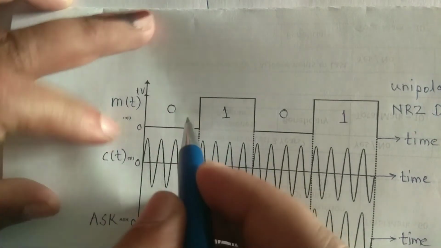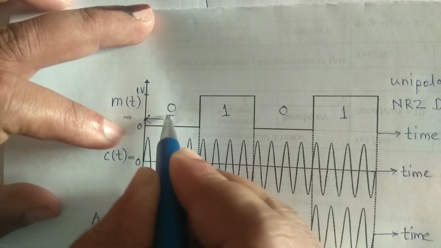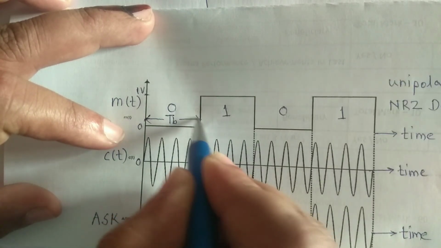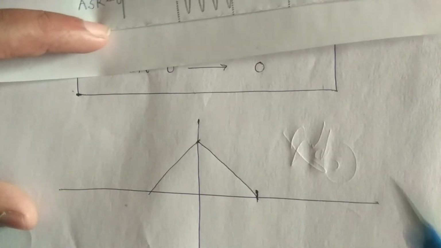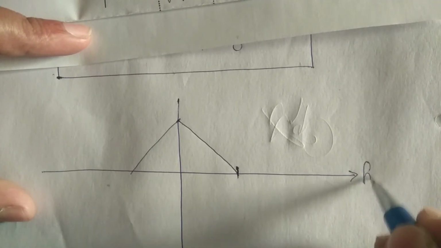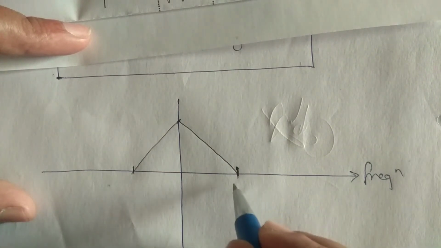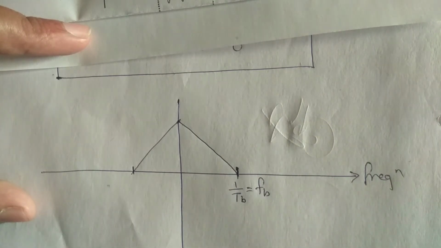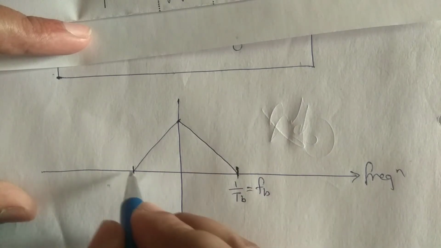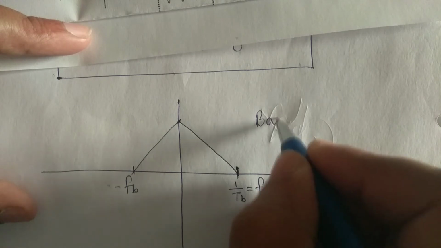If I take the bit duration as TB second, where bit duration means the time taken by a single bit, then in the frequency domain this will be spreading up to 1 upon TB, that is equal to fb. So this side will be minus fb. This is the baseband signal spectrum.